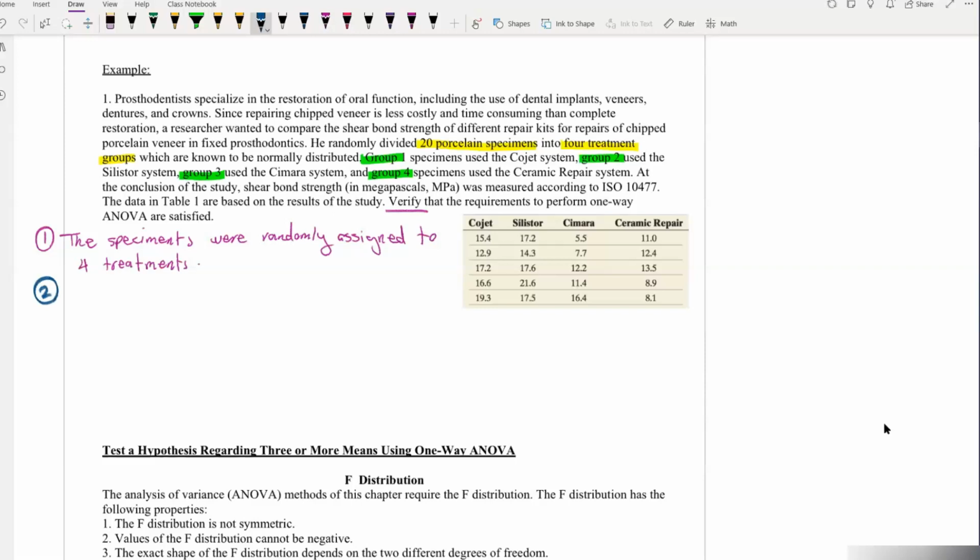Number 2, we want to say, do we have independent samples? None of these are related, meaning that these are independent.